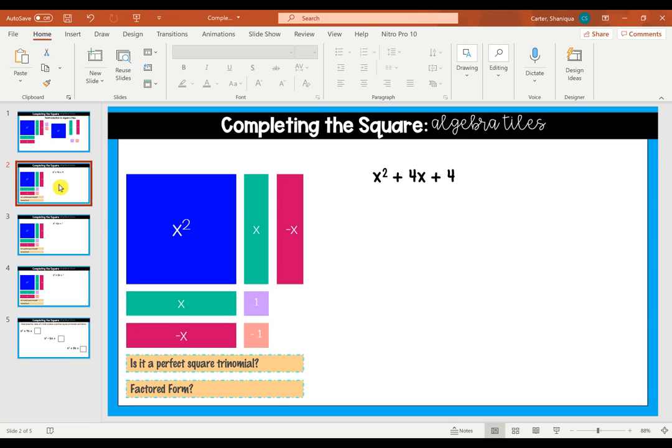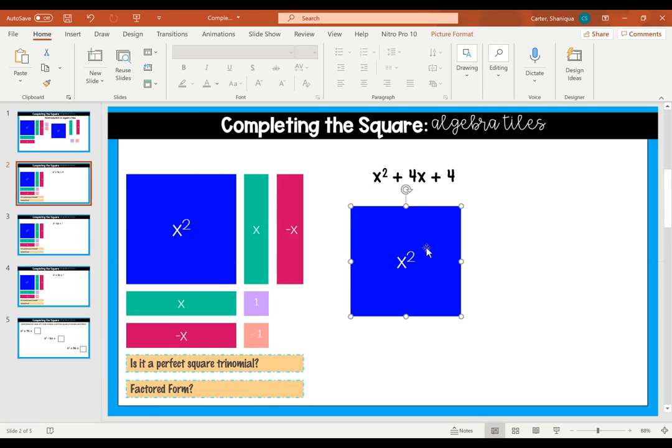All right, so we're going to take what I just told you about algebra tiles and model a trinomial. So how do I know it's a trinomial? Because it has 3 terms. They want us to model this with the algebra tiles. So I have x squared plus 4x plus 4. X squared means a square, and it's only one of them. Remember, if there's no number in front of the variable, that just means it's 1.